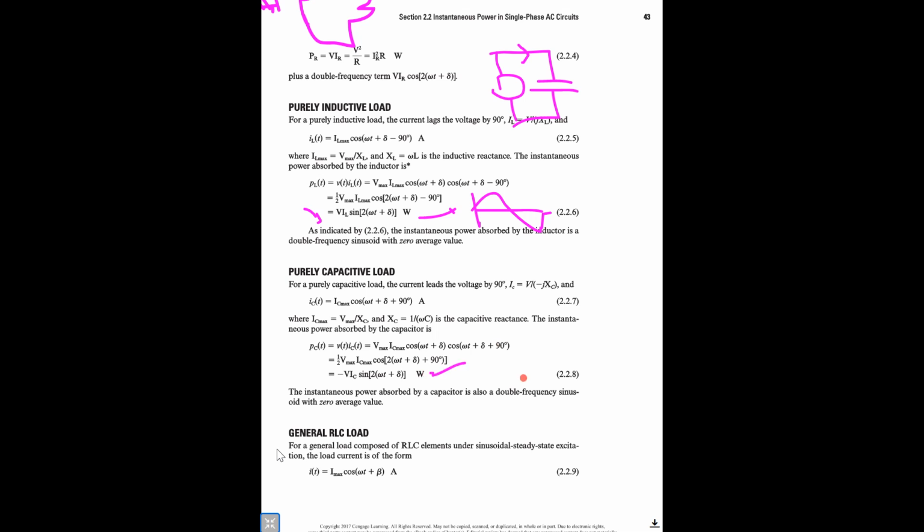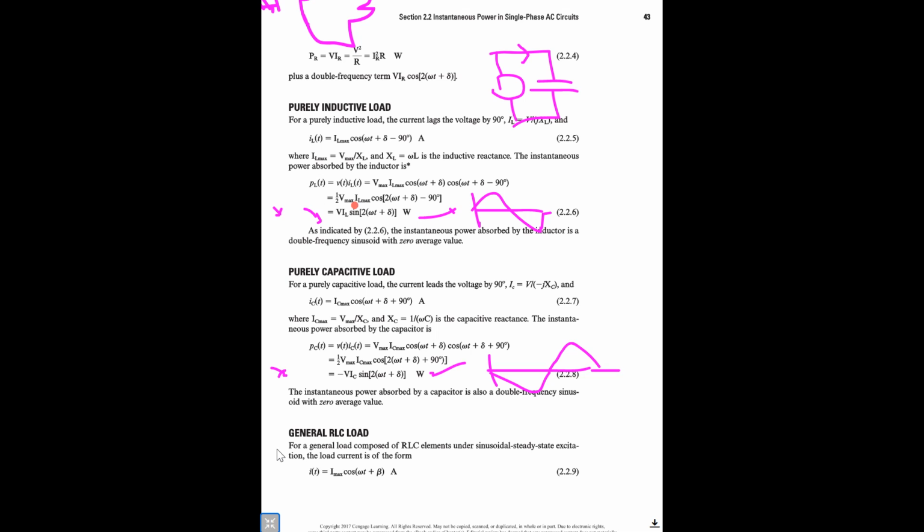Please see, in this case also the average power will be 0, but between this condition and this condition, we can see a very, very important difference.